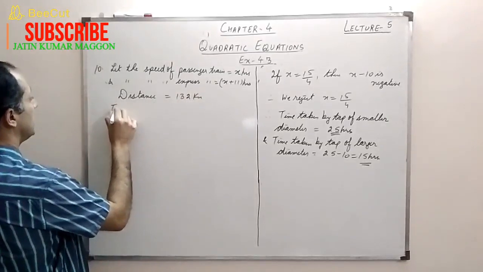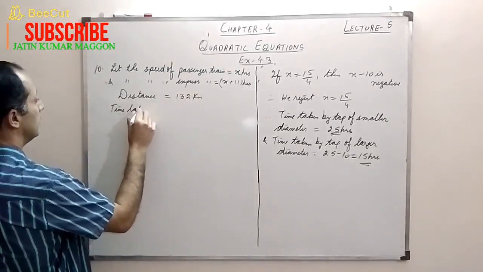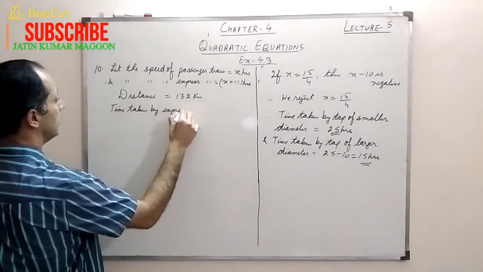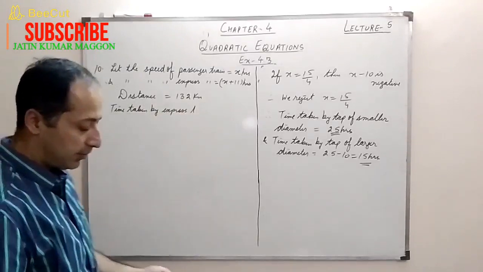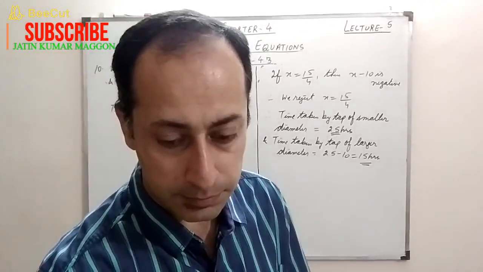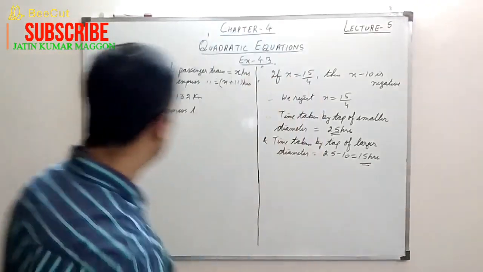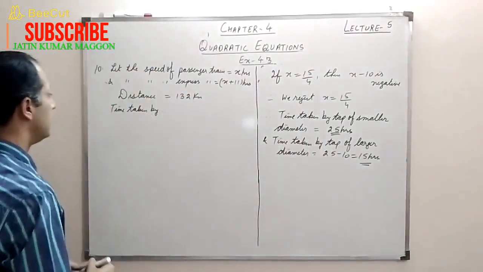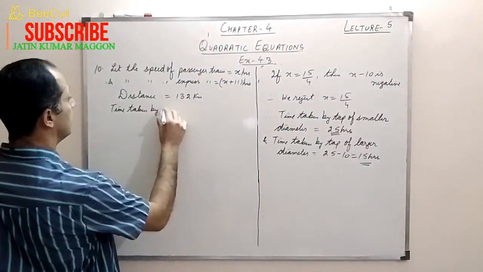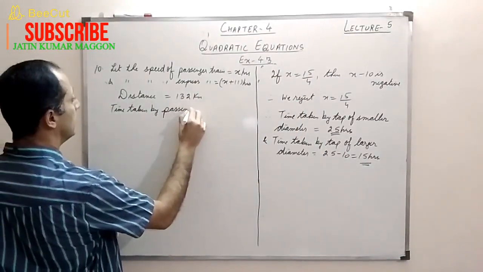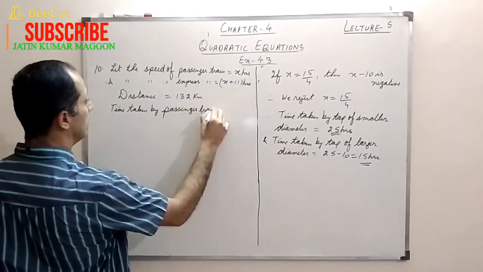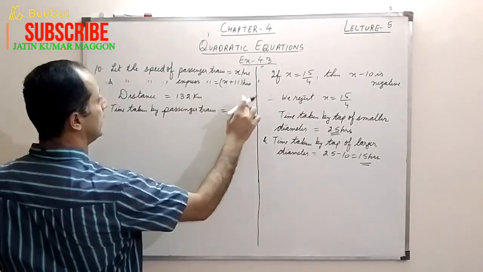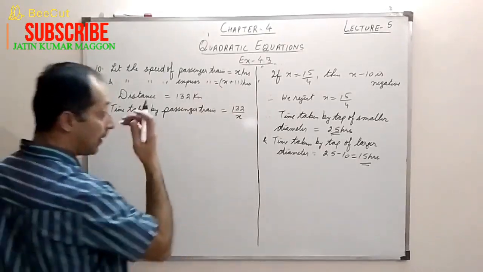Now time taken, let's write for the passenger train first, is 132/x, that is time = distance upon speed.